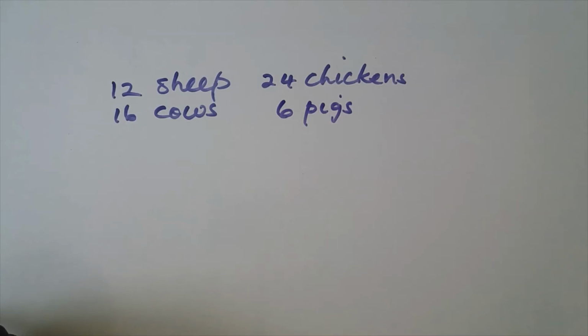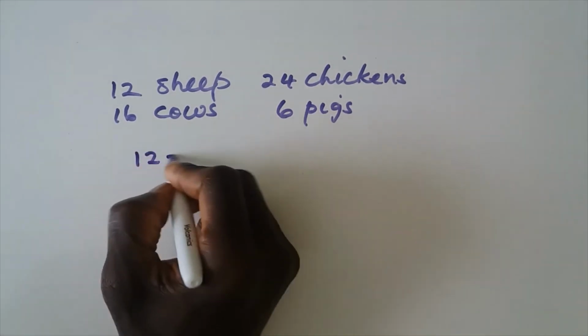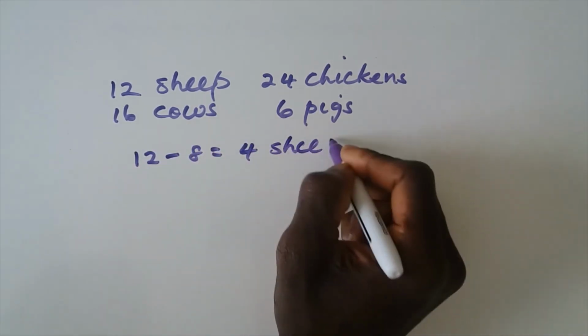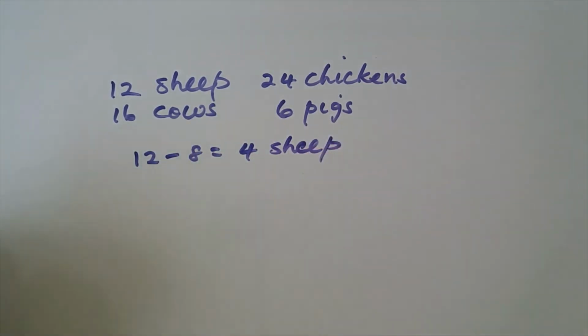She sells 8 of her sheep. So if she sells 8, then she has 4 sheep remaining. What percentage of her remaining animals are sheep?